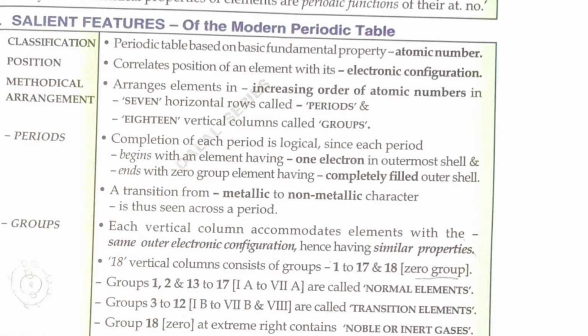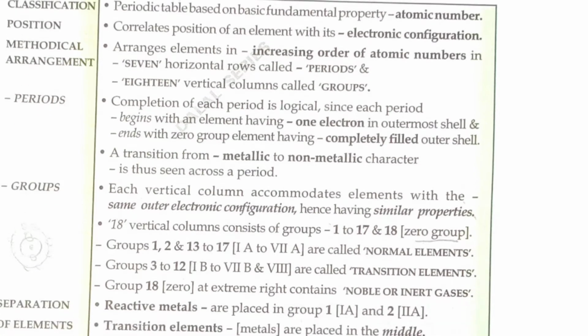So by electronic configuration we can easily arrange this periodic table. So it depends upon electronic configuration. Methodical arrangement arranges elements in increasing order of atomic number. So atomic number increases and elements are arranged according to that.